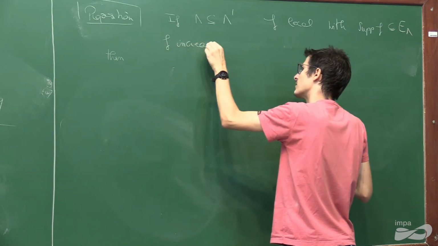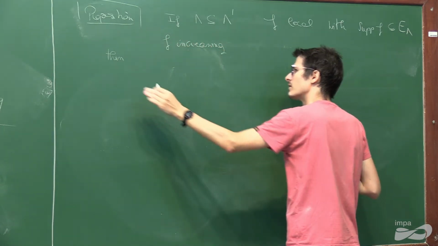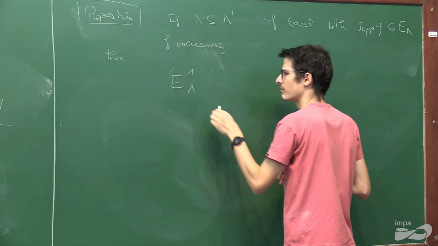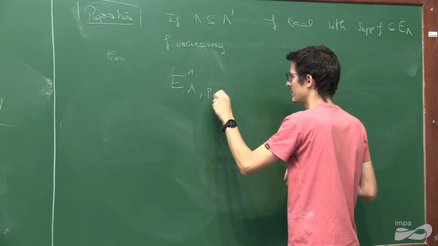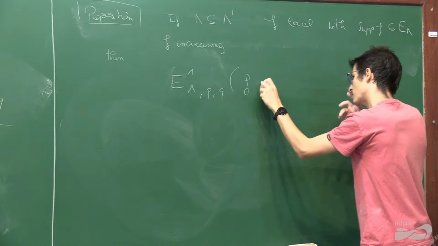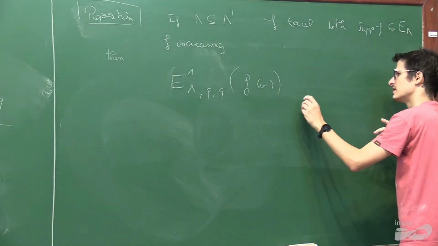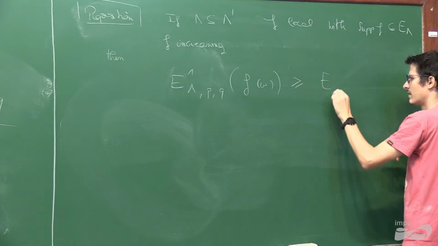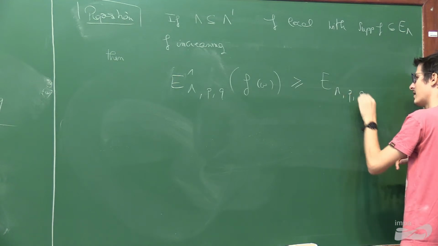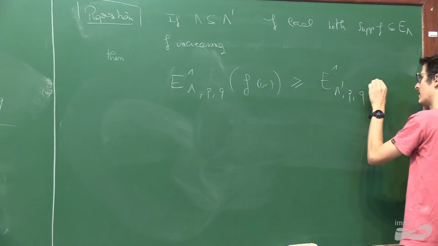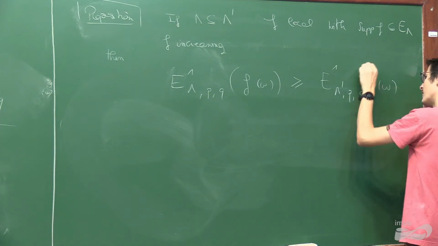f increasing, sorry. What you have is that the expectation of Lambda p q of f of omega is larger than the one for Lambda prime.